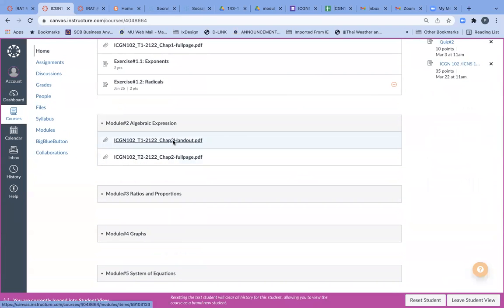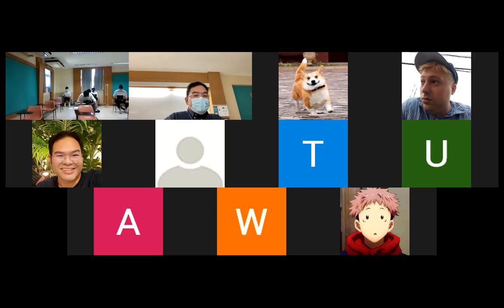One is the handout with 2 or 3 slides on one page, the other one is one slide for a full page. It depends on whatever you want, you just download it and use that one. Okay, now let me start sharing on my screen.